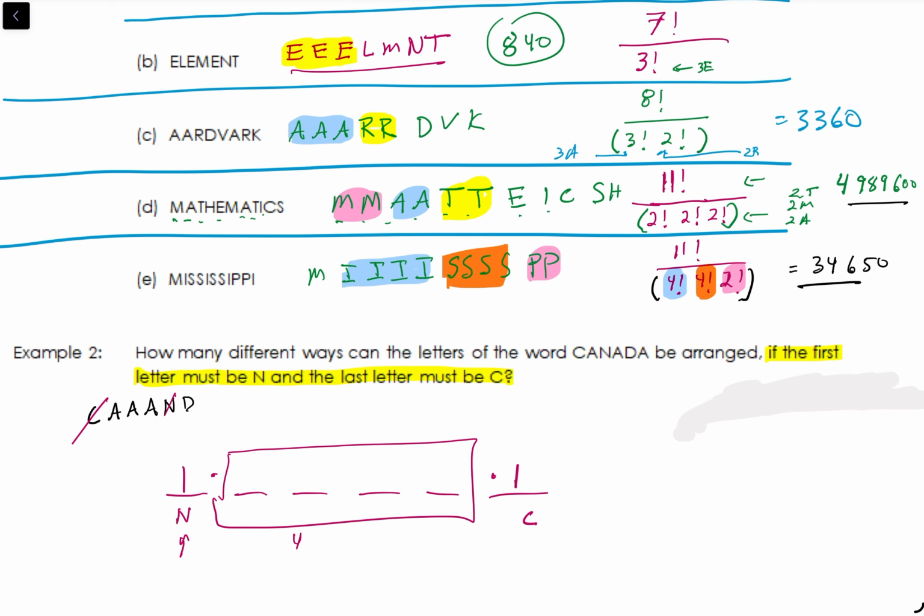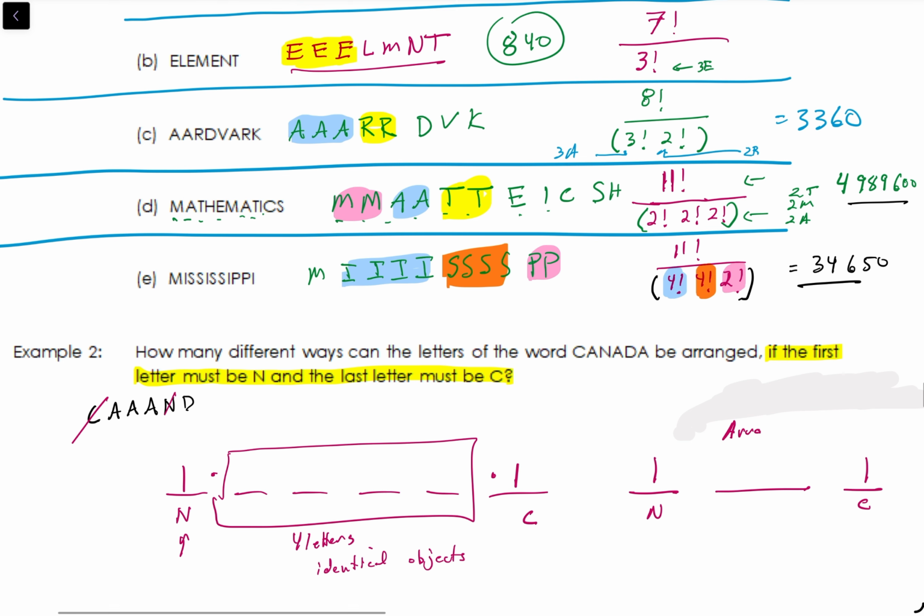So we have 4 letters that we are going to arrange. Now they have identical objects, and that we're talking about the A's. And perhaps what I'm going to do is I'm just going to say, I'm going to put the N, there's one way, put the C, there's one way, and now I'm just going to arrange the 4 other letters.